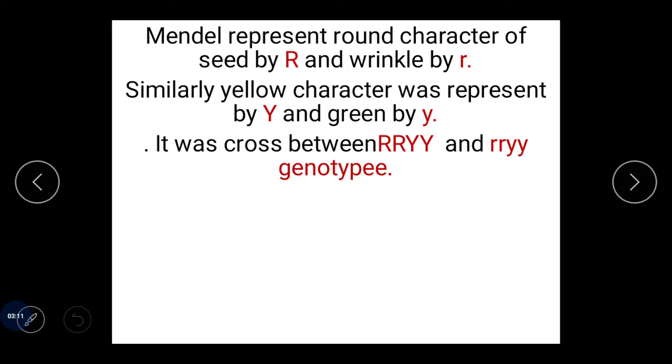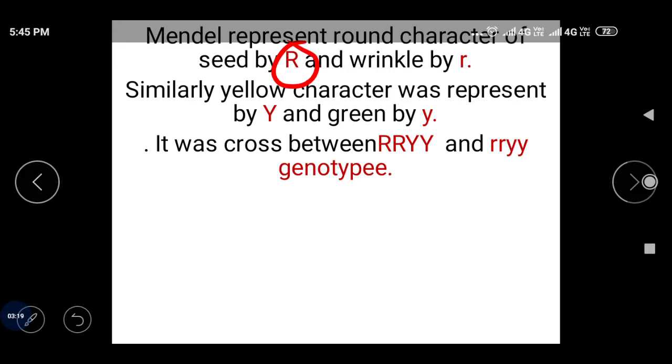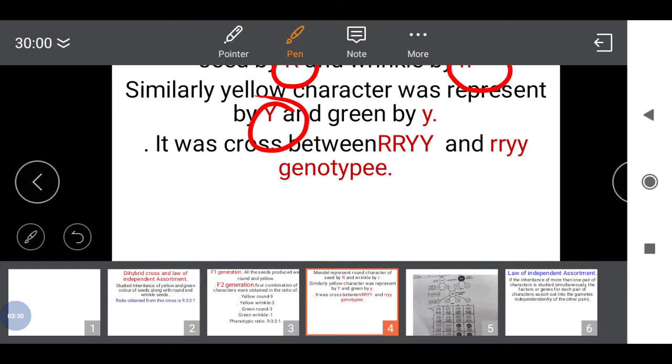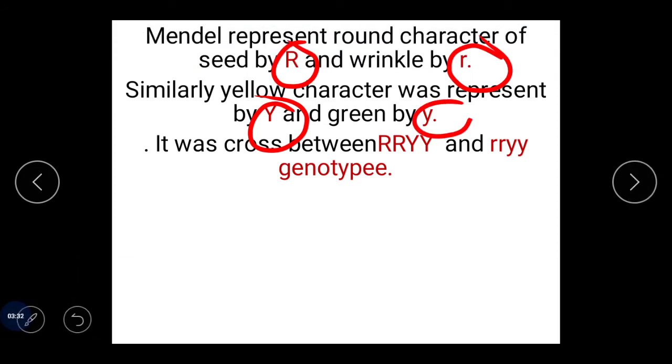Okay, so here Mendel represented the characters by letters: the round shape was represented by capital R, the wrinkled shape by small r, the yellow color by capital Y, and the green color by small y.